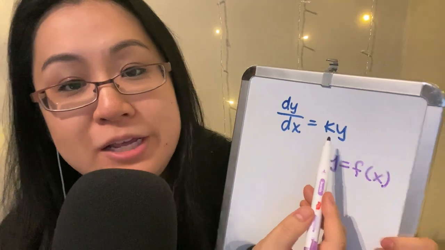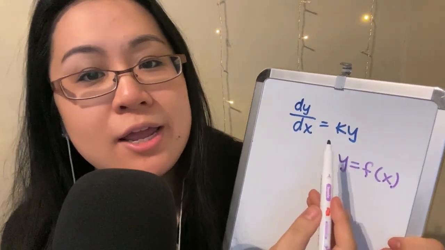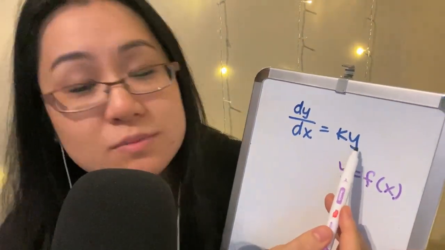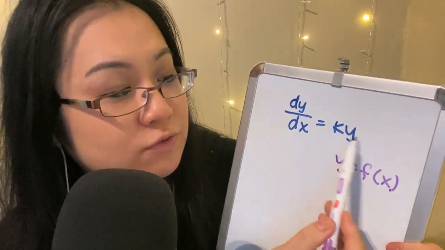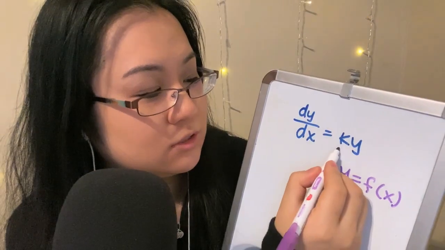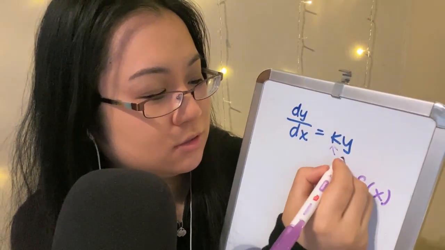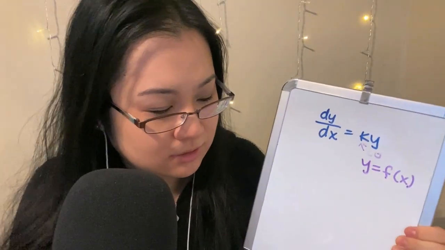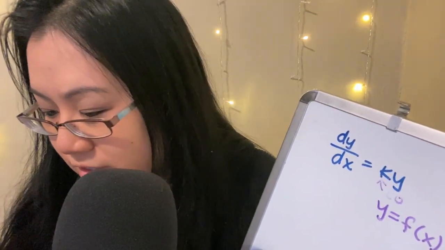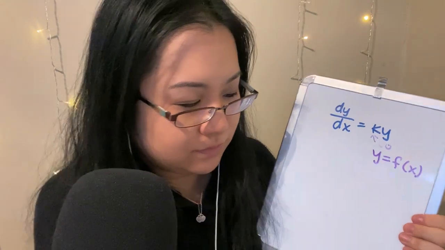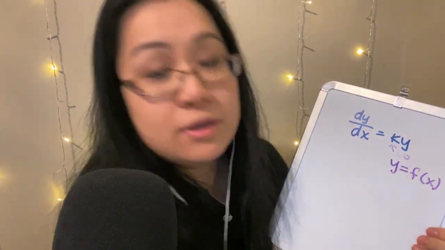It's not a variable. It's just a placeholder for a constant times y, which is the function of x, so the original function. So this is a constant. Let's see if I can find another marker.